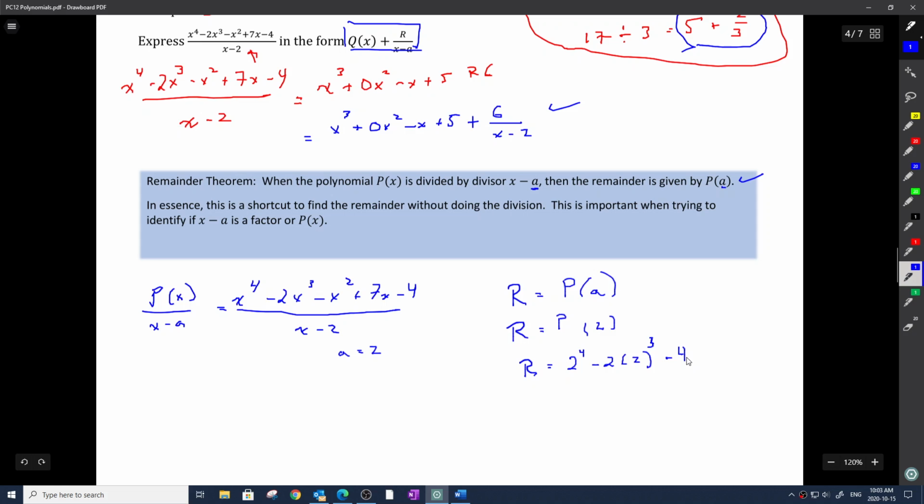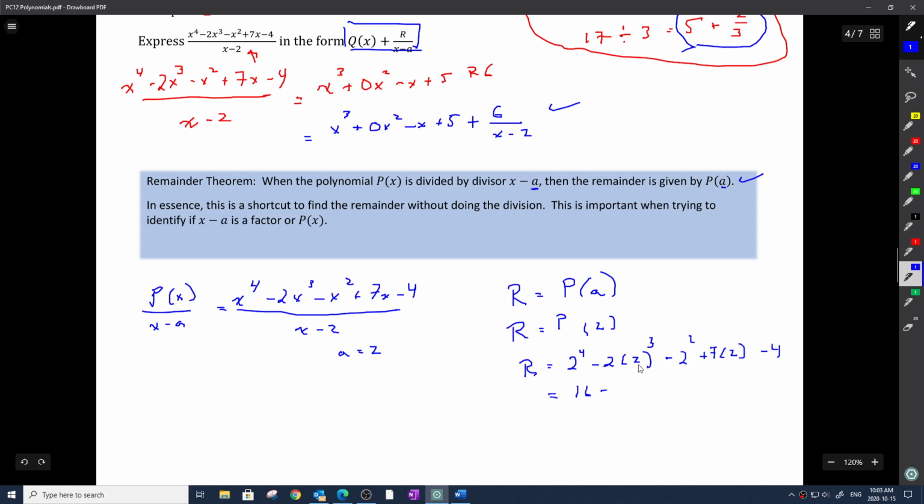Oops, sorry, my mistake. A little bit of math in my head. If you calculate this out, I think 2 to the power of 4 is 16.